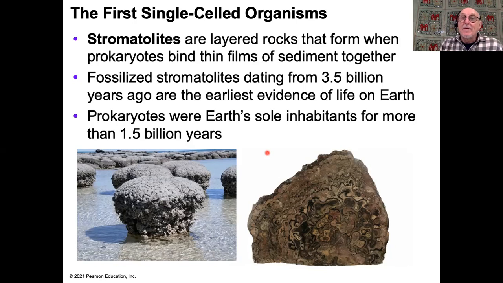But within the prokaryotes, all of the physiological processes that characterize living things on Earth have their origin. Although we think about prokaryotes as being primitive or simple, simply because they consist of a single cell, they are far from simple.